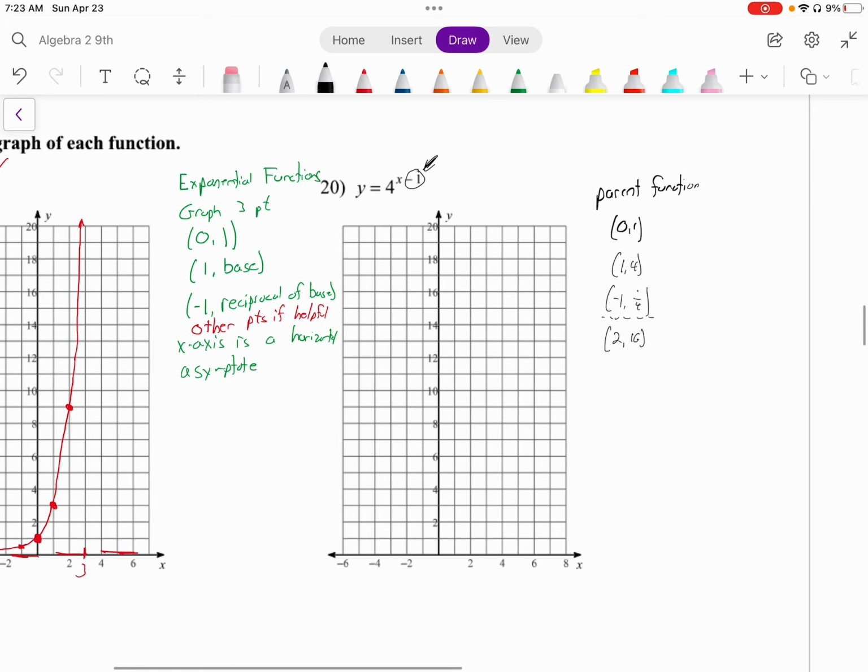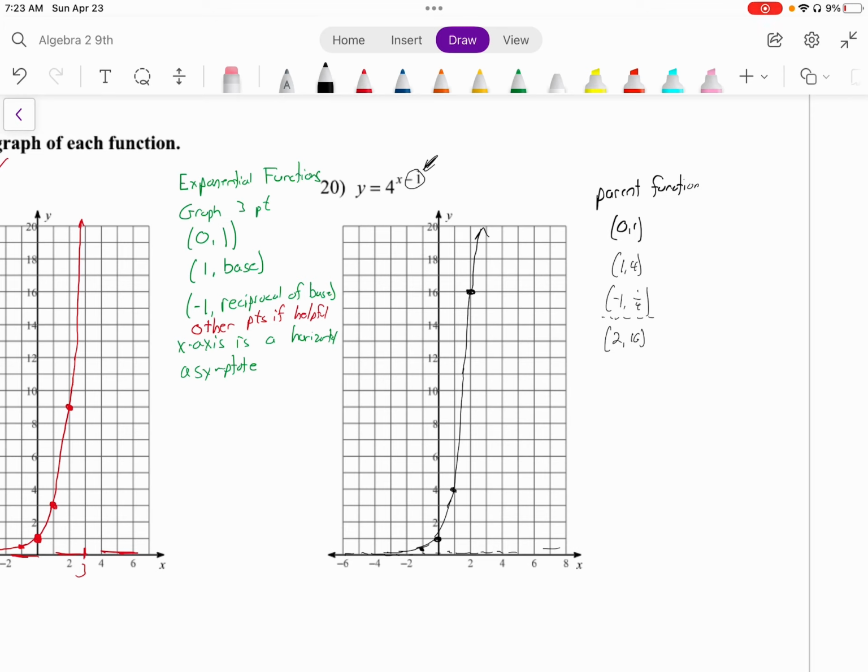So we have -1, 1/4, 0, 1, 1, 4, and 2, 16. And we have a horizontal asymptote. So here is the parent function before it shifted because of the -1.